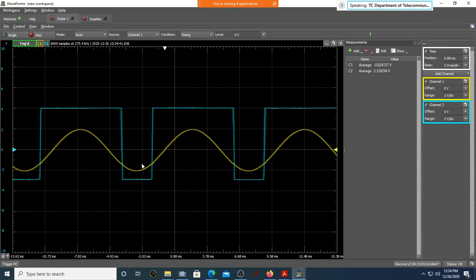Can somebody explain why you are getting a square wave? Is it the comparator action or is it something else? Let me show you what's happening now.